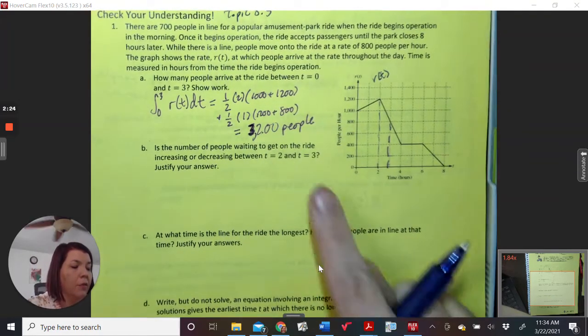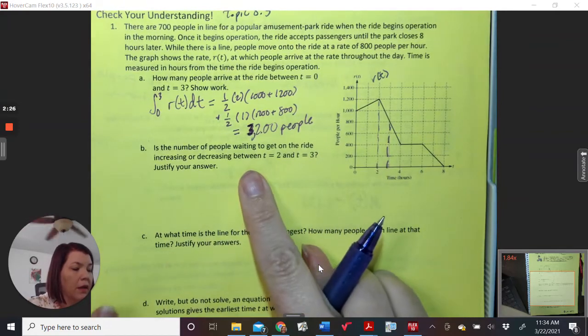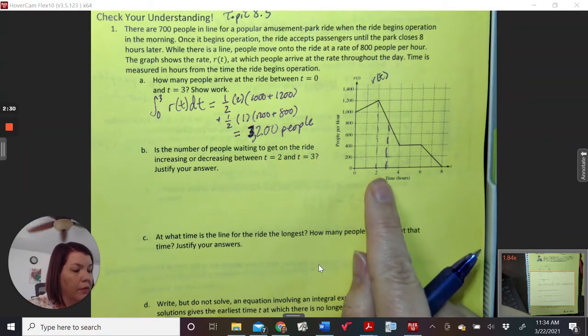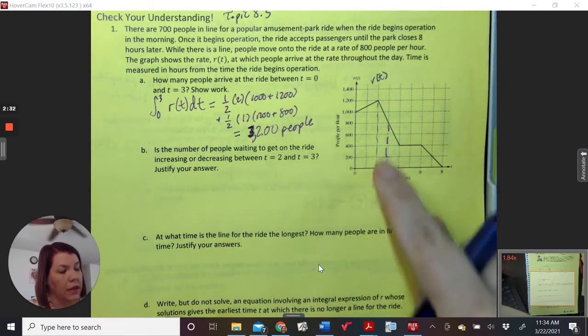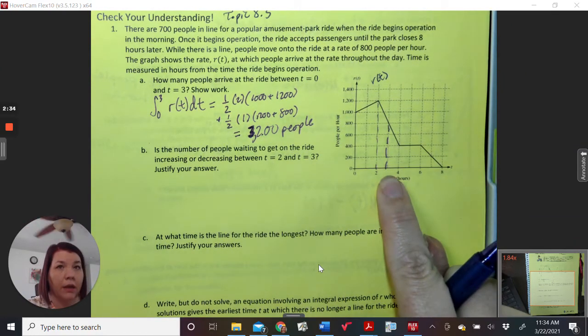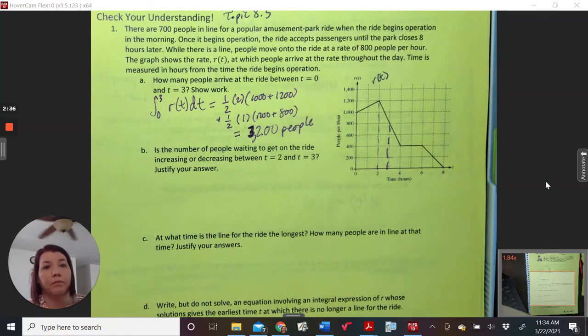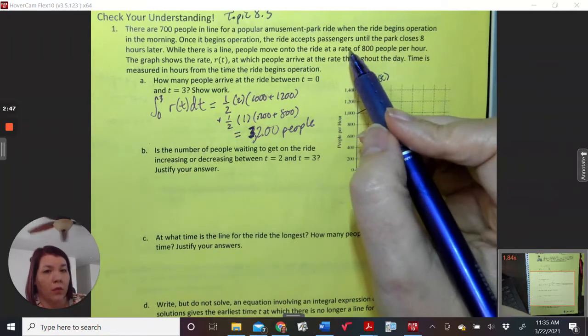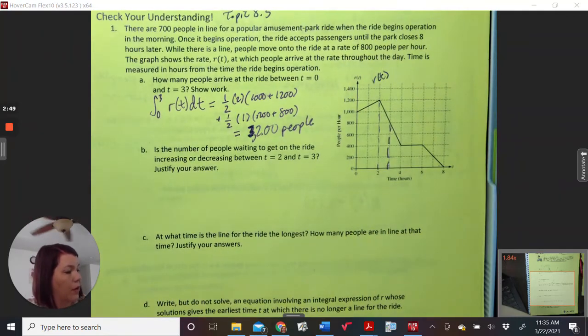The number of people waiting to get on the ride, is it increasing or decreasing between 2 and 3? So 2 and 3, is it increasing or decreasing the number waiting to get on? Okay, the rate, here's the part that I didn't see.